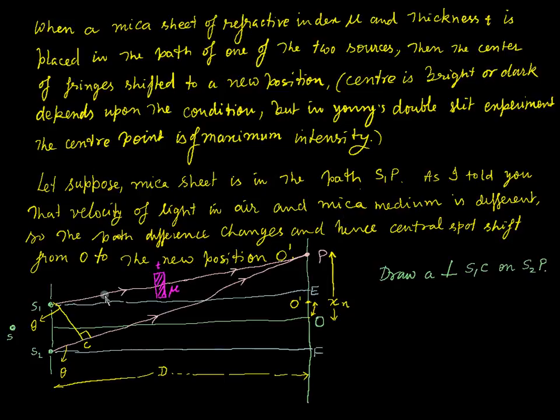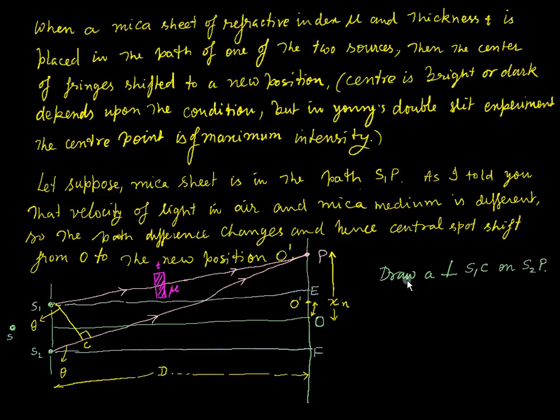So this light ray, which is now in air, enters into the mica sheet of thickness T, travels through it, and then comes into the air again. The velocity of light will be different in air and in the medium, so the path difference changes and hence the central spot shifts from O to the new position O prime.